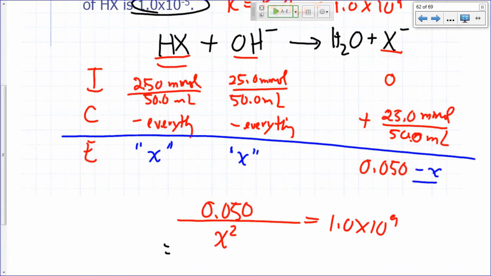Actually, there should be a minus x here. Why? Because if you have trace amounts left, then this is not fully 0.05. This is 0.05 minus x. But we're going to ignore that because we know that's going to be a small amount compared to 0.05.